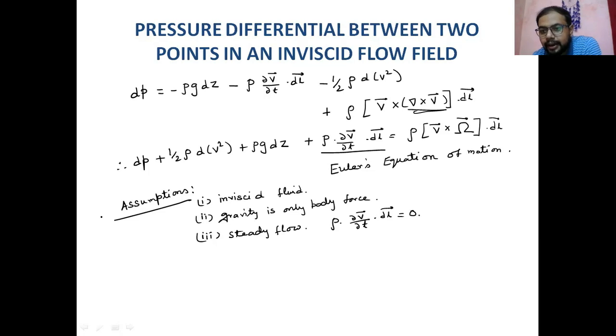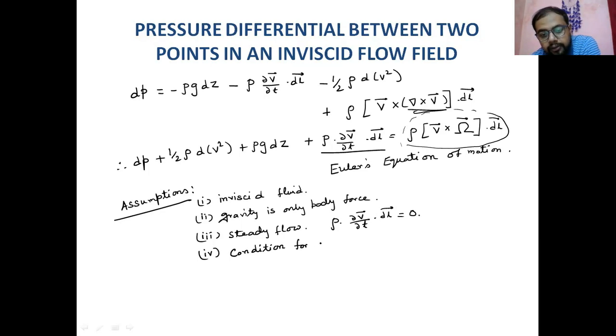Okay. Next, the fourth assumption is the most important assumption. What is the condition for this term to become 0? Try to understand it very minutely.